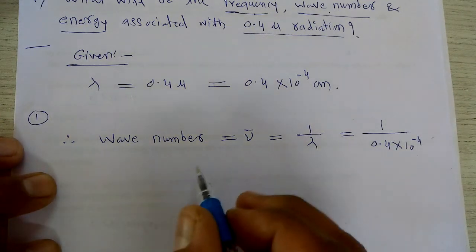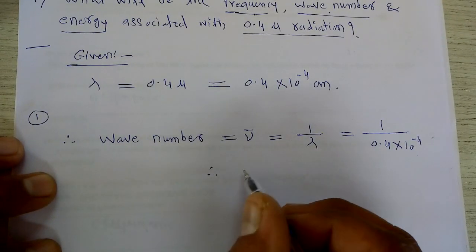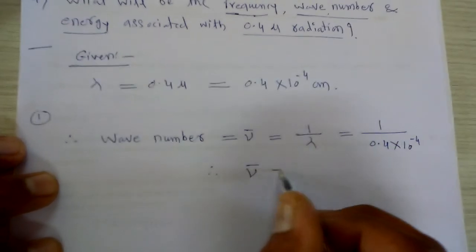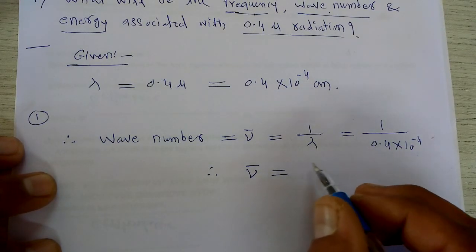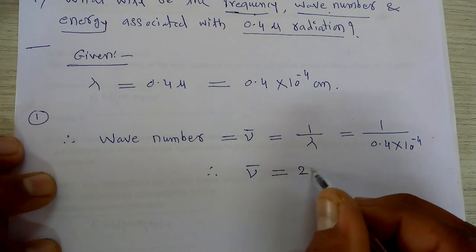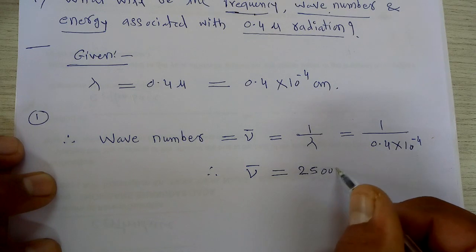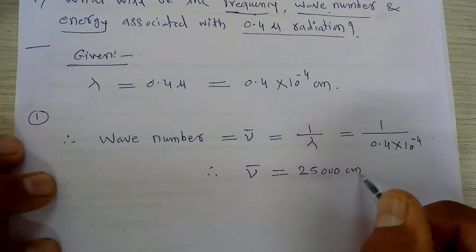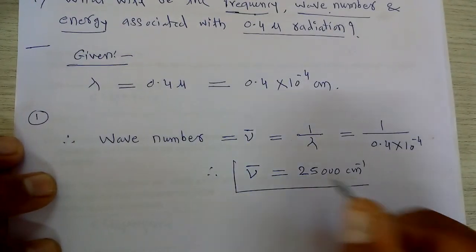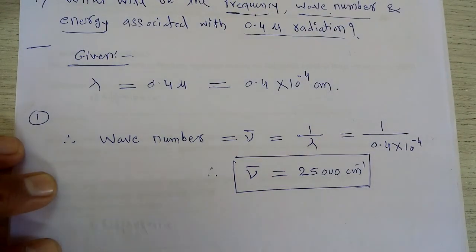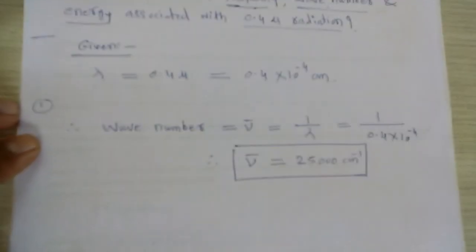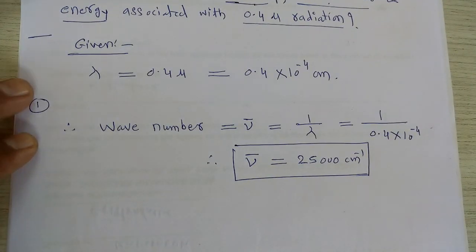If we solve it, the value for this wave number, nu bar, comes out to be 25,000 per centimeter. So this is the value for the wave number for the given radiation, that is wave number is equal to 25,000 per centimeter.